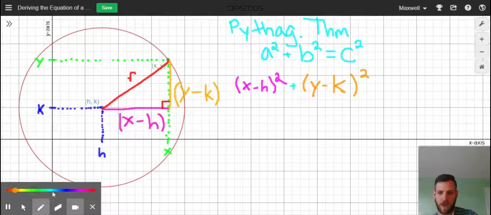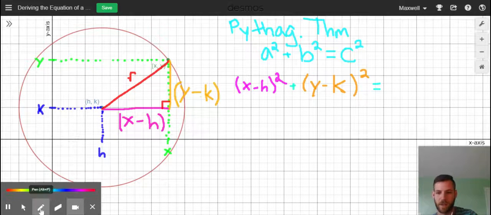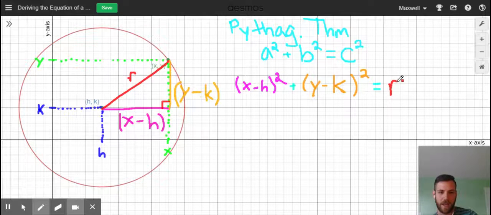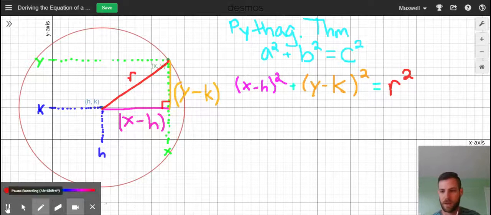And we know that is equal to our hypotenuse squared, which in this case, our hypotenuse is just the radius of that circle. So we can write in our hypotenuse squared, or in this case, our radius squared in red. And so I've just written out an equation using the Pythagorean theorem, and that is actually the equation of a circle. (x minus h) squared plus (y minus k) squared equals r squared.